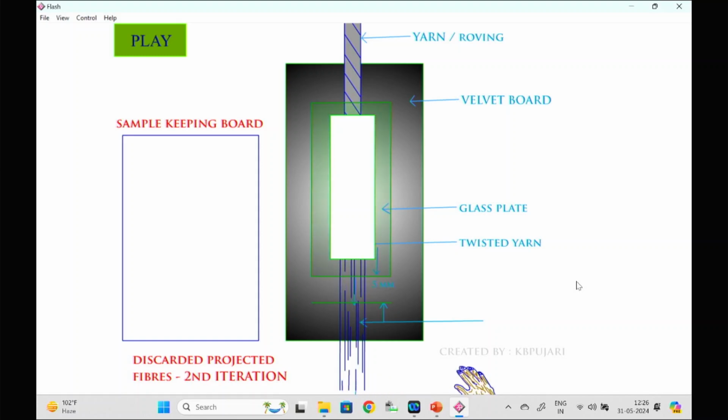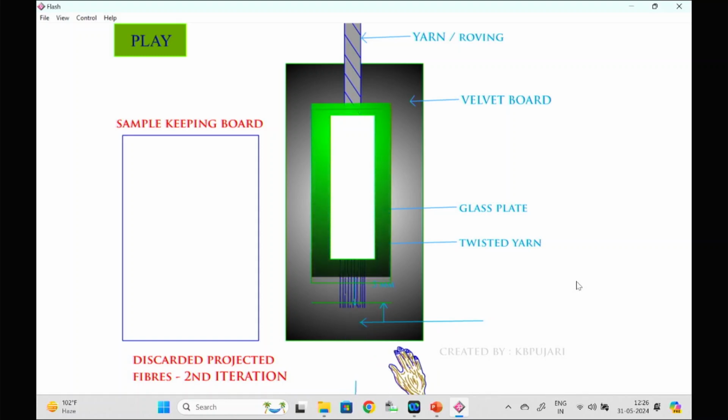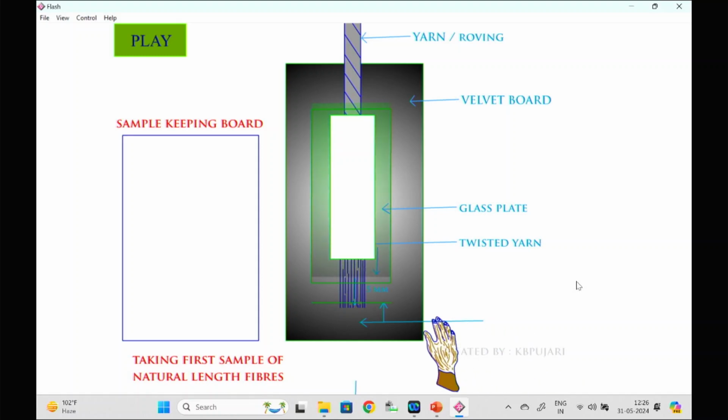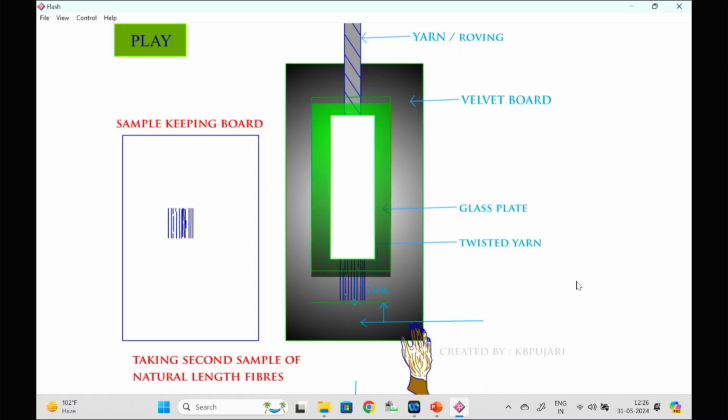When the fibers become natural length, we collect the fibers using the grip and keep the sample on the board for testing various parameters, maybe fiber strength, length, whatever.